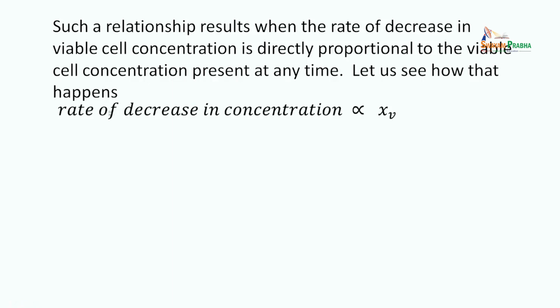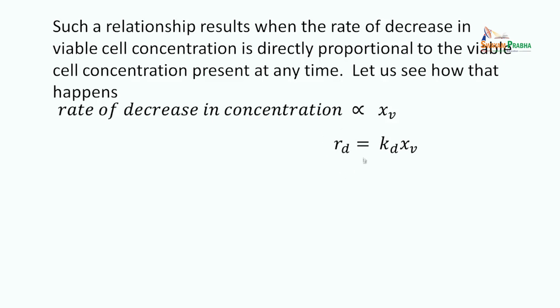This is what we mentioned here, but written in mathematical terms. The rate of decrease in concentration of viable cells is proportional to the viable cell concentration x subscript v.